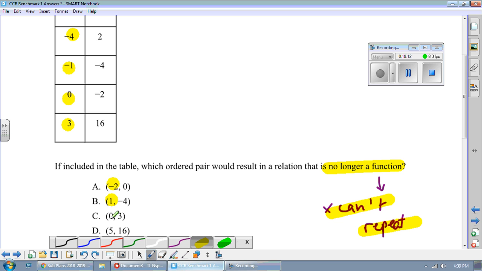We're looking for one of these x's to be something that is already in the table. It looks like the only one that is already there is this 0. There's the matching 0. So letter C, if we added this to the bottom of the table, we now would have not a function because of the zeros.